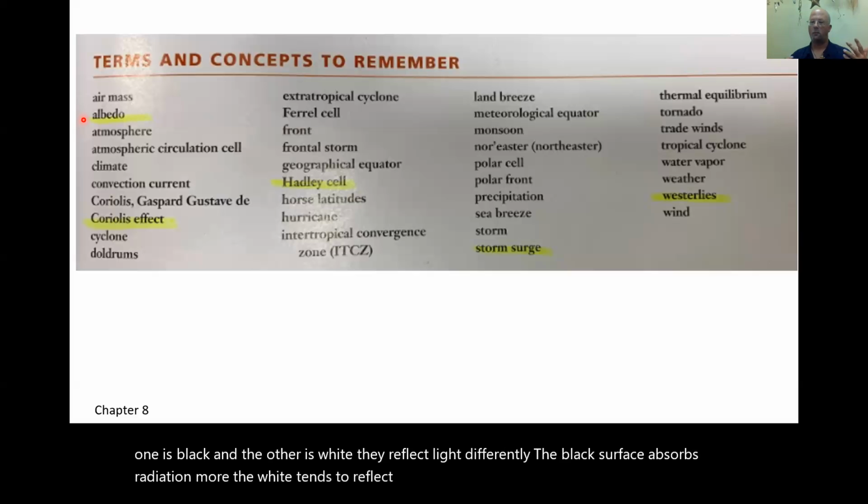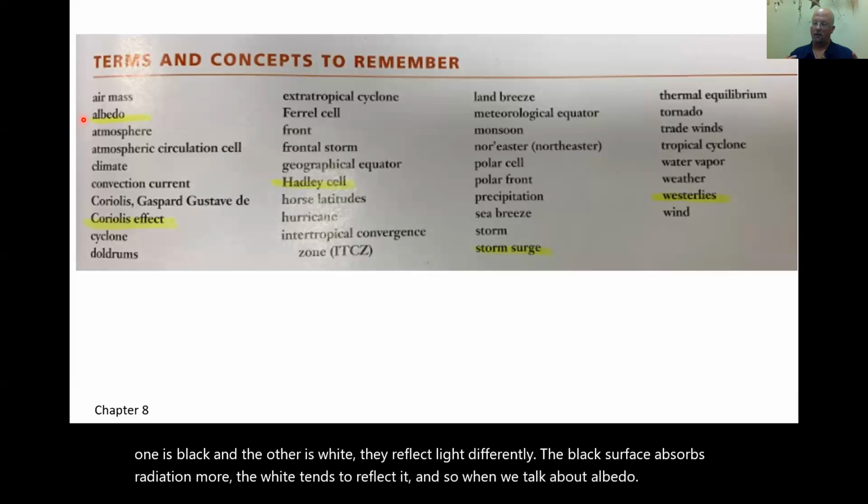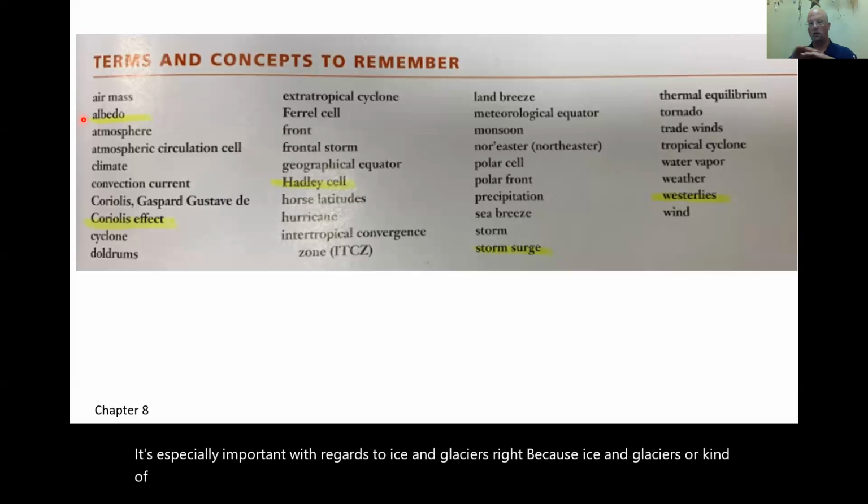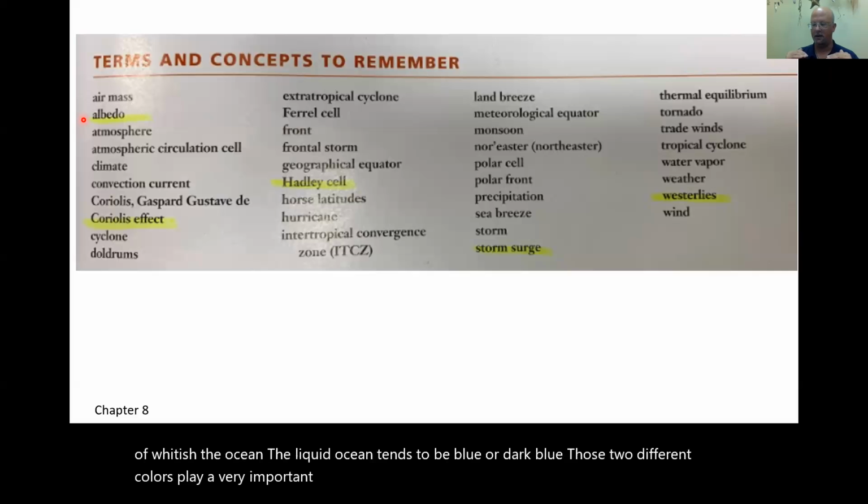And so when we talk about albedo, it's especially important with regards to ice and glaciers, right? Because ice and glaciers are kind of whitish. The ocean, the liquid ocean, tends to be blue or dark blue. Those two different colors play a very important role in determining how they act with radiation. And this is due to albedo.